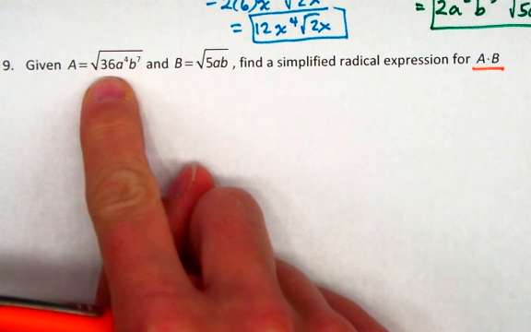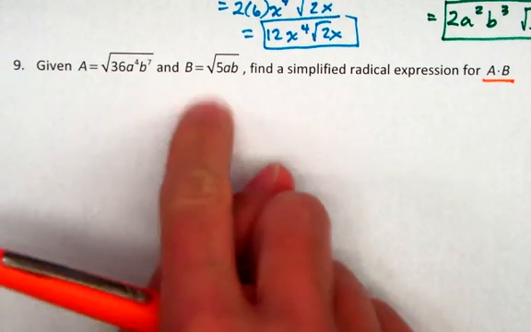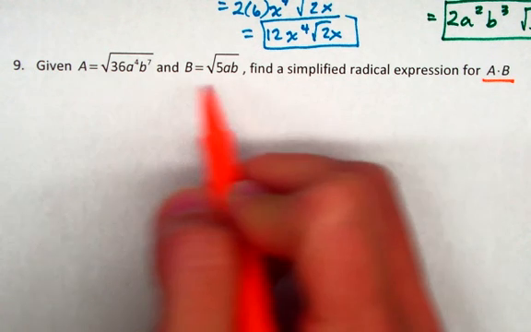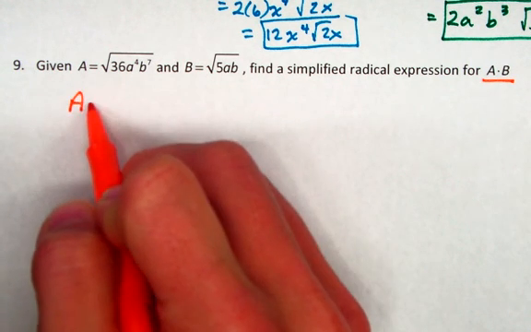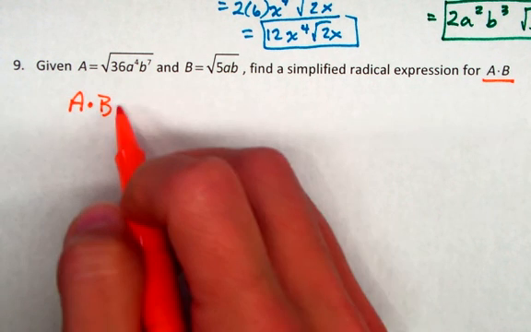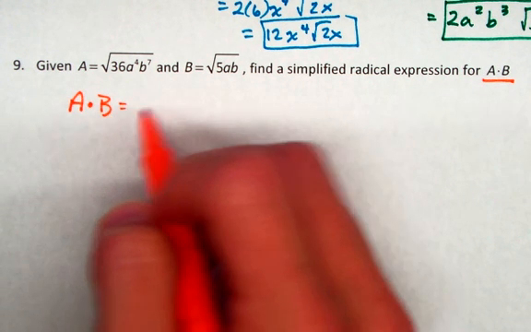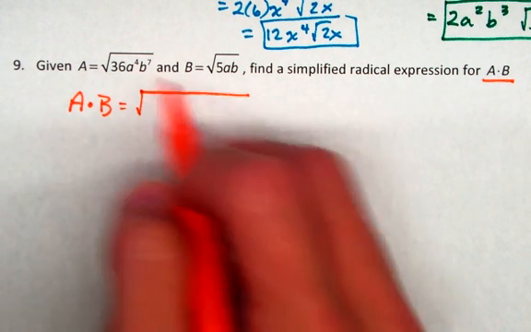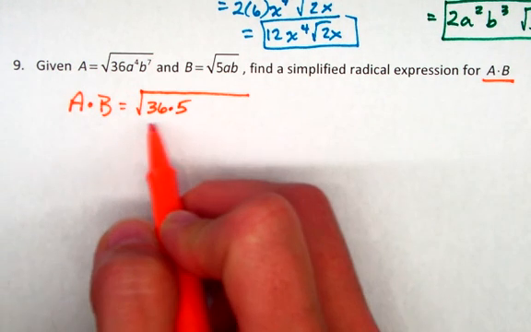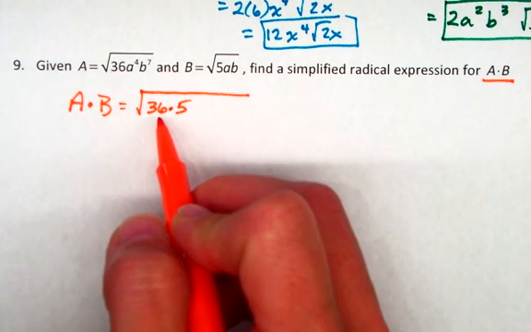So I'm going to go ahead and not combine those together. So let's do this. A times b, I'm going to do it this way, equals, I'm going to combine them underneath one root. I'm going to keep the 36 times 5. So I'm not going to actually multiply this because I already know 36 is a perfect square.